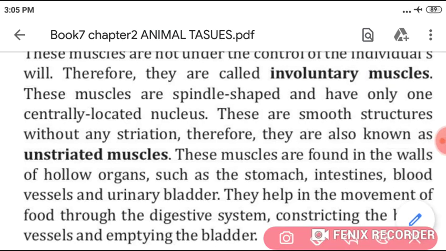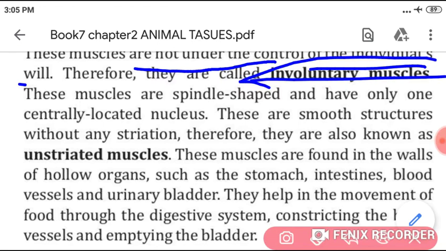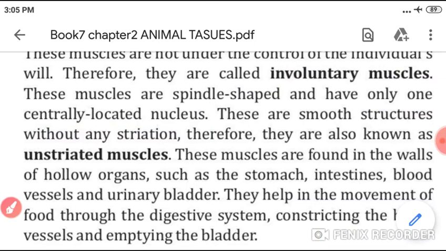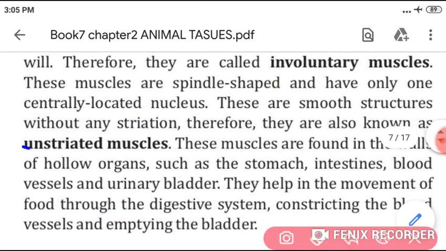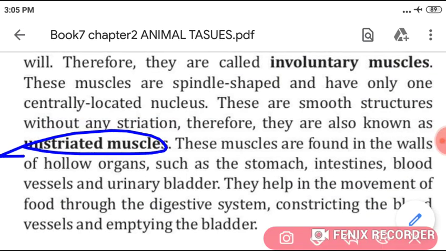Students, these muscles are not under control of the individual's will. Okay, they are called involuntary muscles. These muscles are spindle shaped and they have only one, centrally located nucleus. And students, they do not have any striation. That is why they are also known as unstriated muscles.